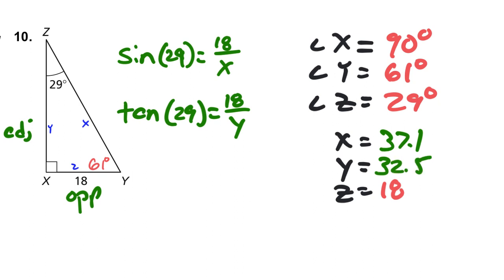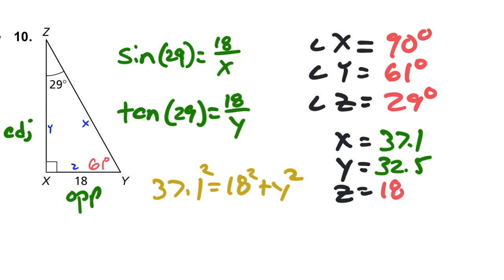I'm going to show it to you with Pythagorean theorem really quick. I could have taken my hypotenuse, which is, what is that, 37.1, and squared that. Actually, I don't need parentheses. And set that equal to 18 squared plus y squared.